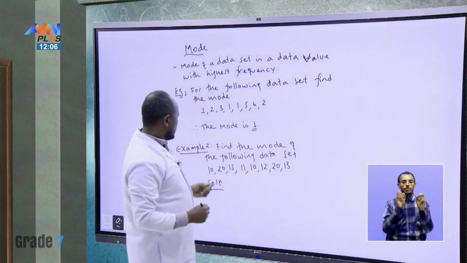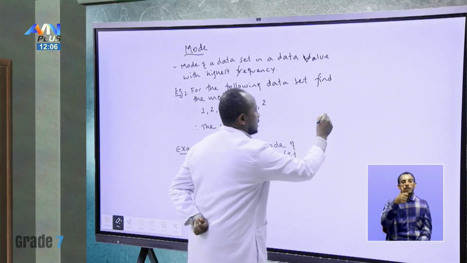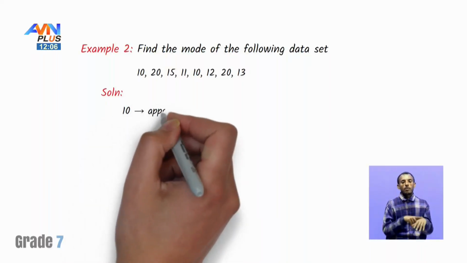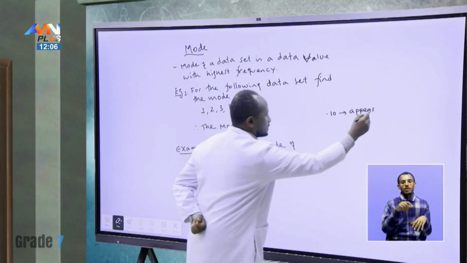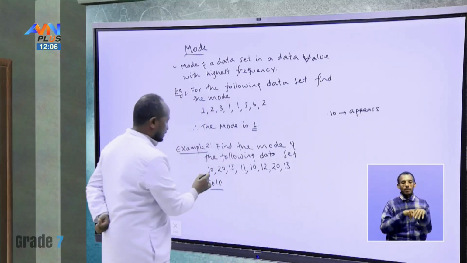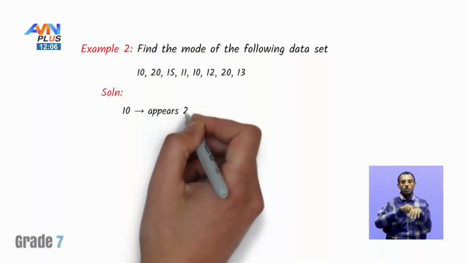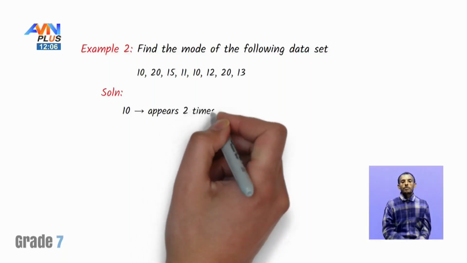Okay, here 10, let's see the appearance of 10. 10 appears how many times? Here we have 10, again we have 10, 2 times. 10 appears 2 times. Its frequency is 2.